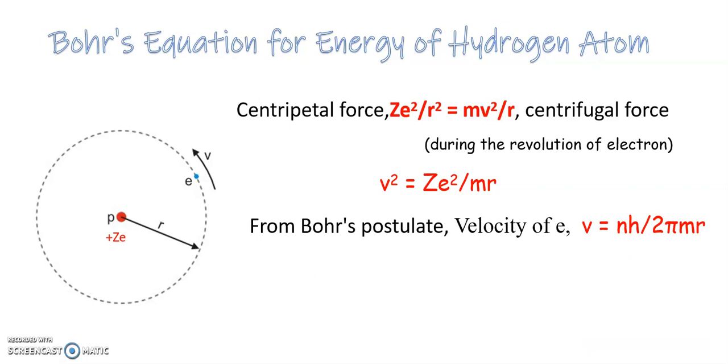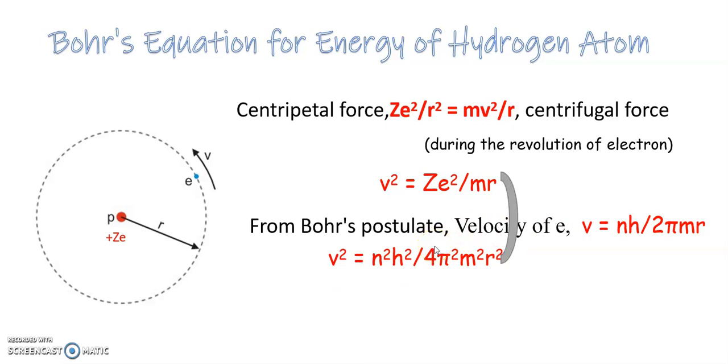From Bohr's postulate, the angular momentum mvr is an integral multiple of h by 2 pi. From that equation, v can be written like this, and squaring the equation, we get this.